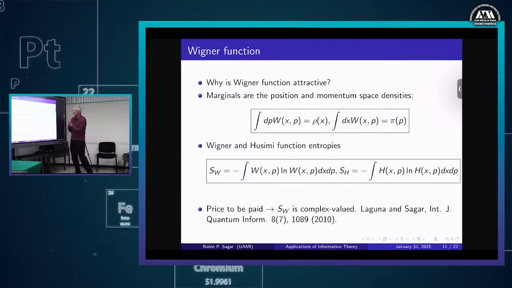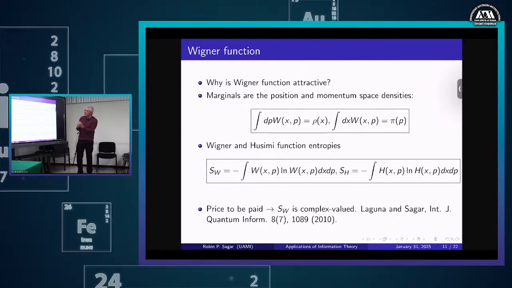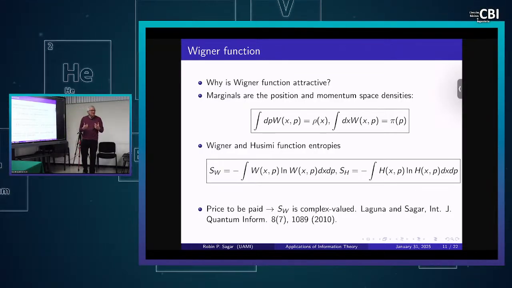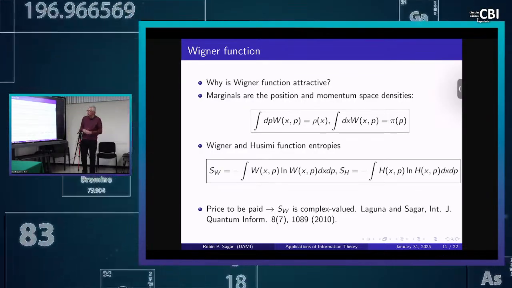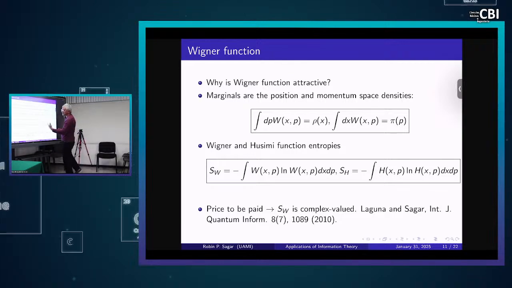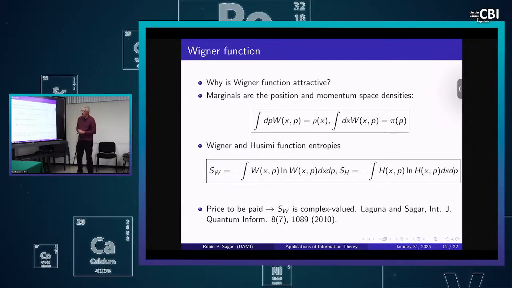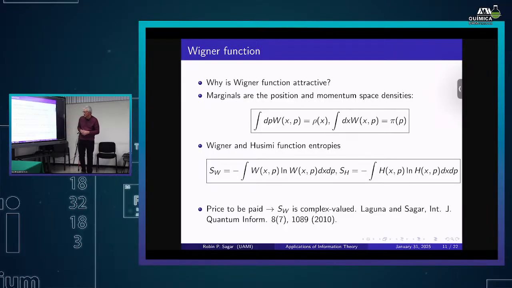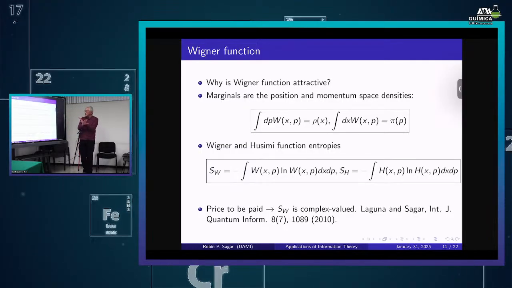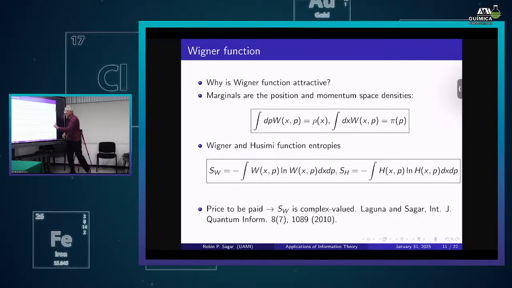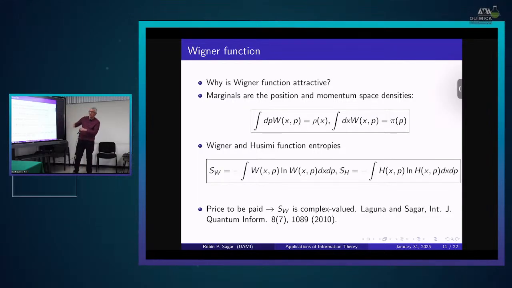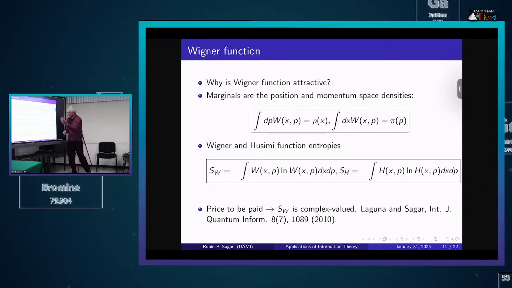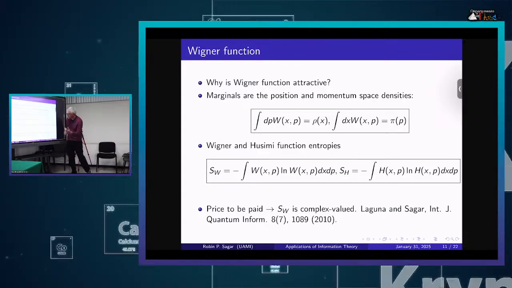Based on this, you can use these distribution functions to define Shannon entropies. You can define the Shannon entropy of a Wigner function and the Shannon entropy of a Husimi function. I'll call it by what it's known by in the literature, and that'll be the tie-in to what Elvira presented yesterday.